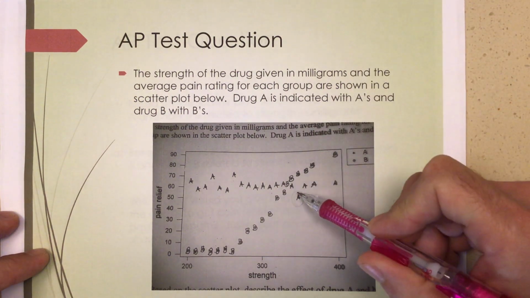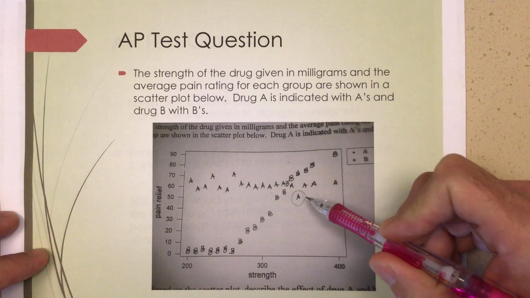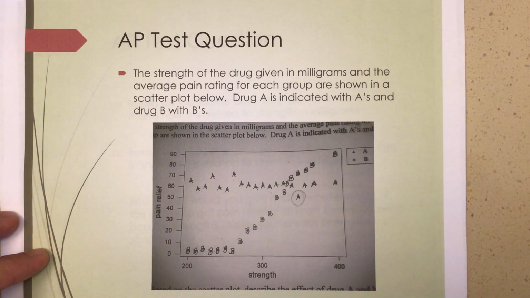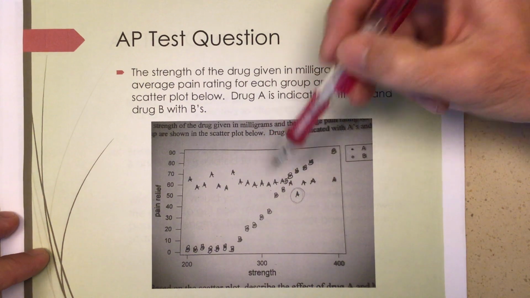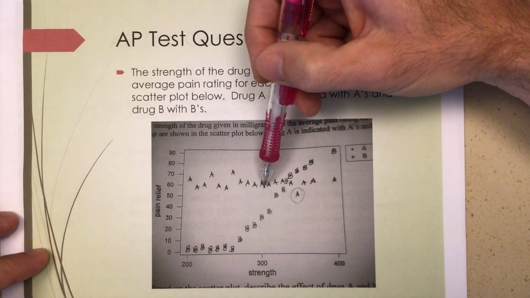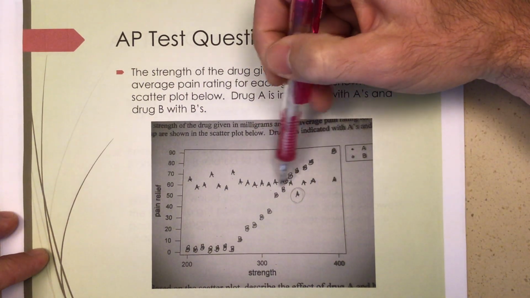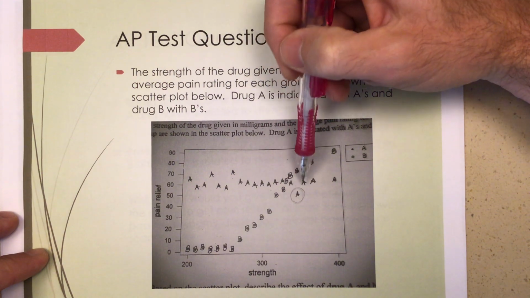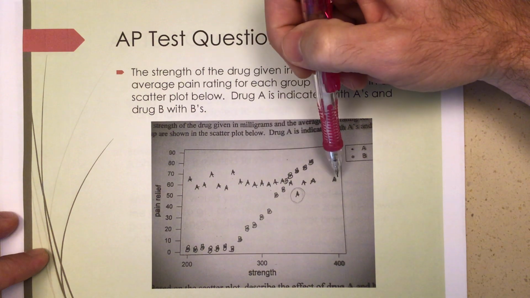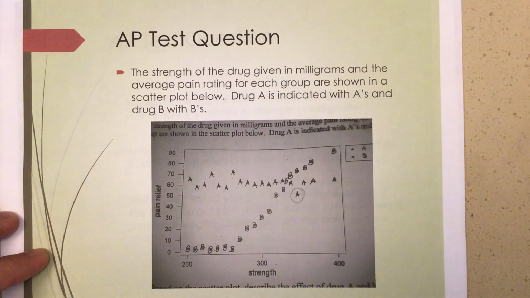So this point right here, that's a potential outlier. And again, it's because of where it is vertically from the other points. And at this section of the graph, that's quite a big vertical change in comparison to the other points. So that's something to note.